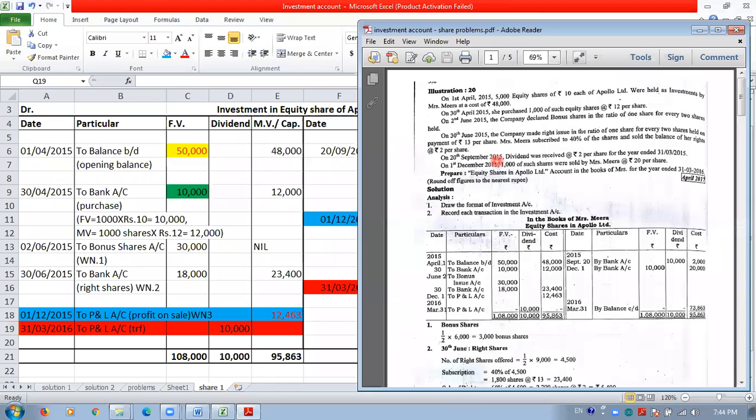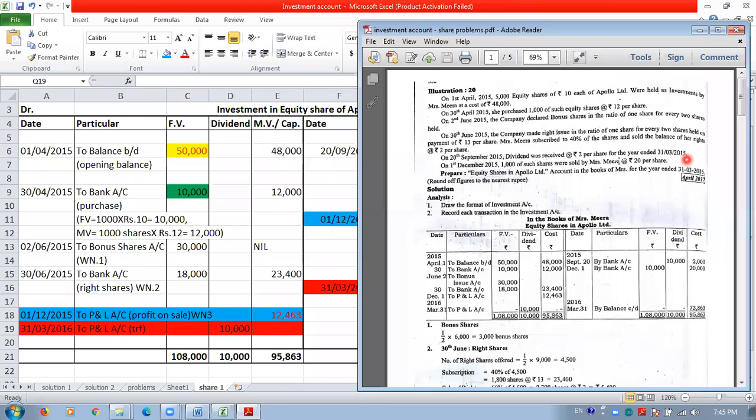On 20th September 2015, dividend was received at rupees 2 per share for the year ended 31st March 2015. So this date is important, for which year it is declared. It is declared for the year ended 31st March 2015, and in this problem we are dealing with the financial year 2015-16, right?